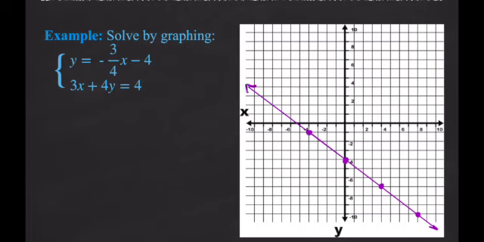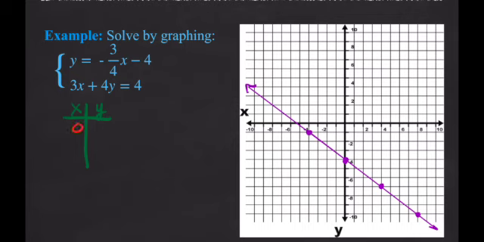For the other one, what I'm going to do is solve it for y, get it into our slope-intercept form, and see what we end up with. Actually, I'm going to do this one a different way. We're going to plug in some points. I want to plug in an x and a y. That way you can see a little bit of variety of different ways of doing it.